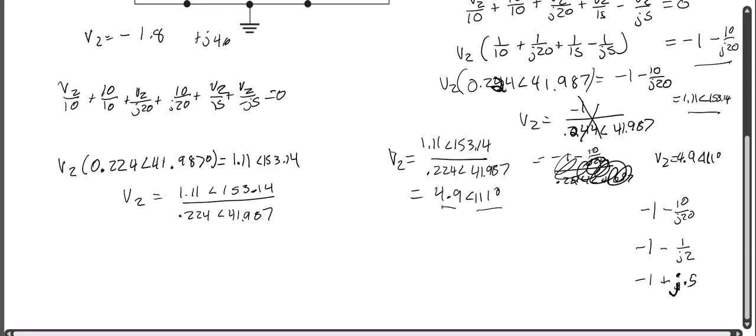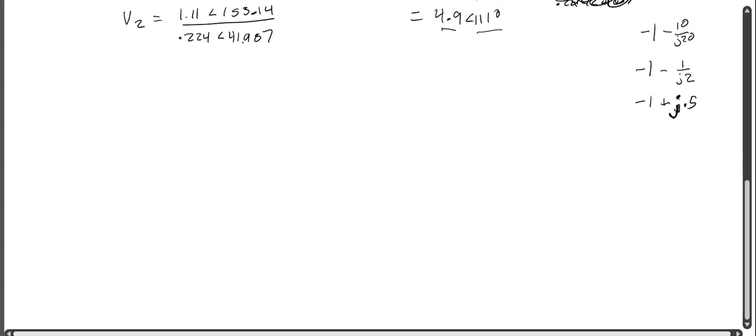So what was the thing he was talking about where depending on what quadrant it's in, you have to add or subtract 180? Yep, that's if you have to do it by hand, which I never do. Let's say I had minus 4.2 minus J6.5, and I want to convert that to polar.